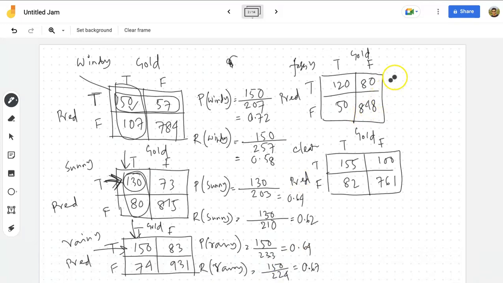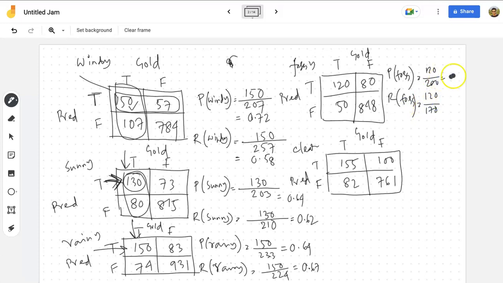Similarly here also, the precision for the foggy class will be 120 by 200, and for recall the foggy class is 120 by 170.